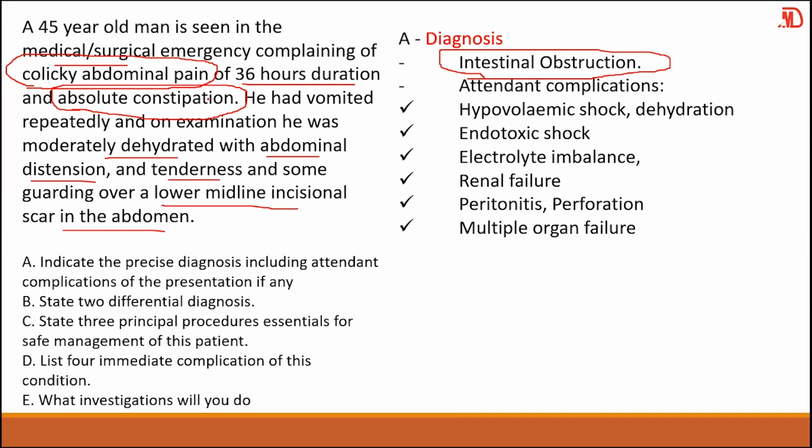They didn't tell us, so you cannot just put it secondary to adhesion. Yes, it could be, but not much information was given to say it's secondary to something. So just to be on the safer side, just write intestinal obstruction, although I stand to be corrected. If you're not sure, just write intestinal obstruction and you are free.